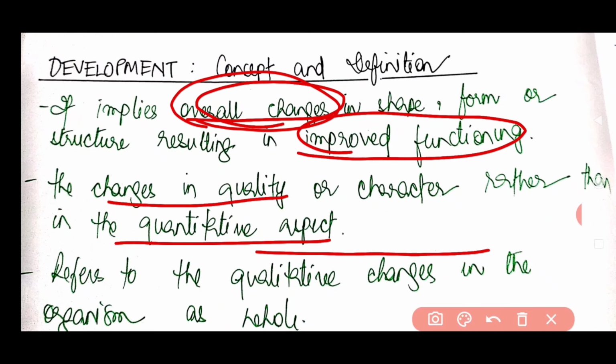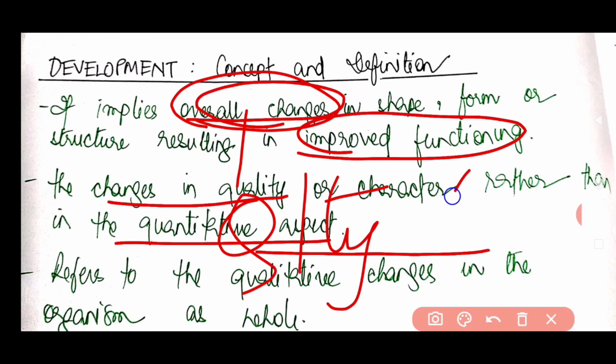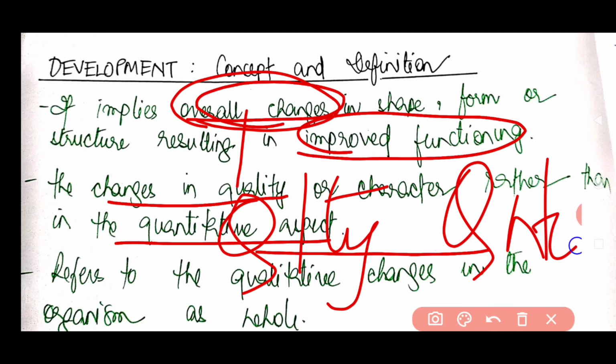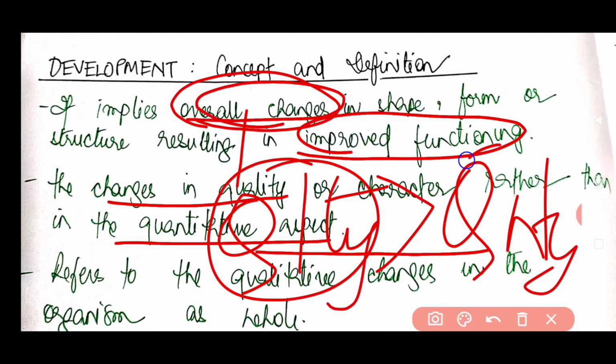It's important for you to know that development has both qualitative and quantitative aspect. But qualitative aspect weighs much more than quantitative aspect in development. But in growth, the primary focus and the only focus is on the physical and the quantitative aspect.